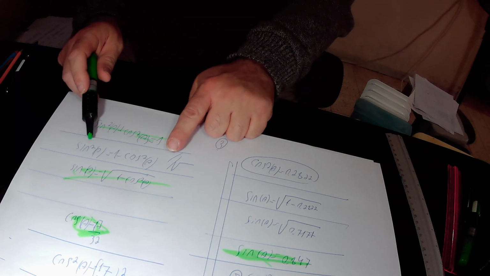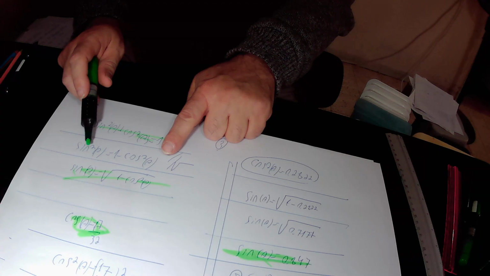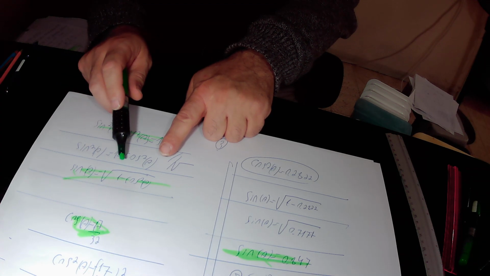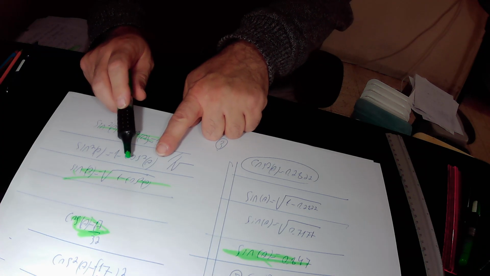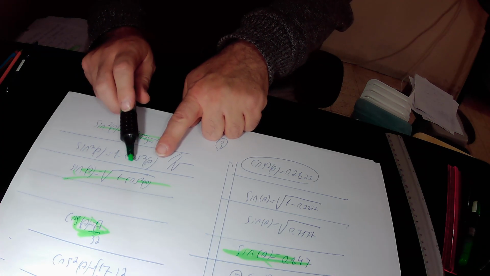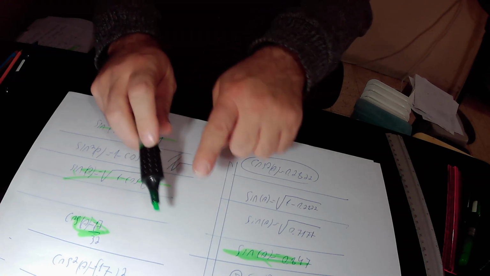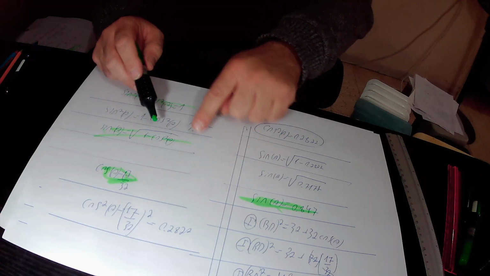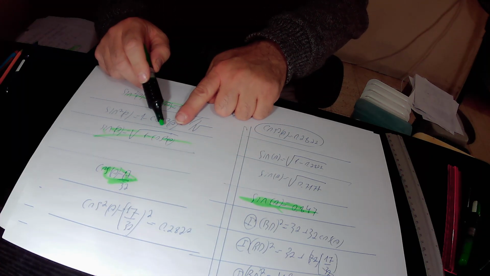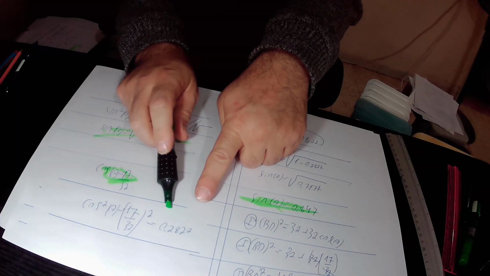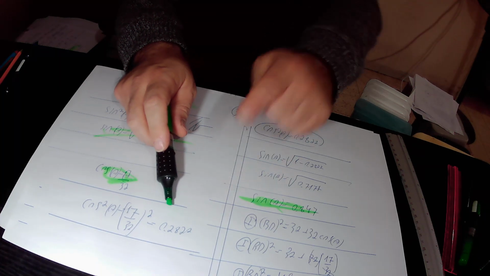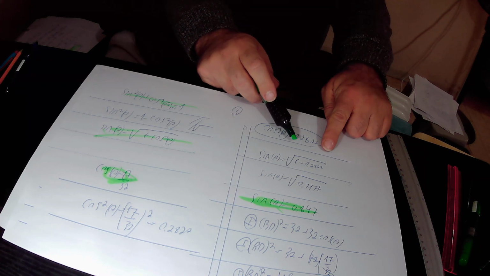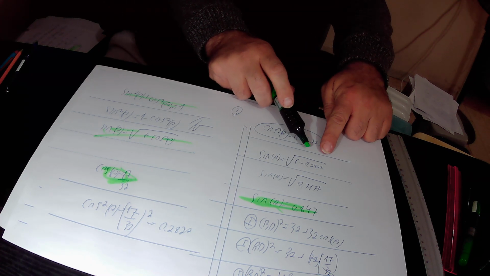According to this trigonometric identity, sine theta equals the square root of 1 minus cosine squared theta. Therefore, we replace cosine squared theta in this identity by 0.2822. So sine theta equals the square root of 1 minus 0.2822, which is 0.7177.